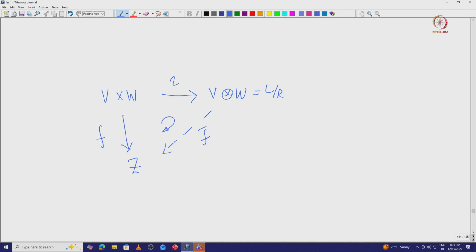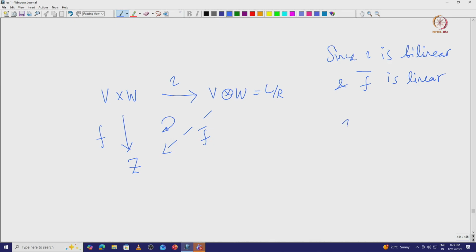Now, since iota is bilinear and f bar is linear, that would say that the composition is indeed bilinear.